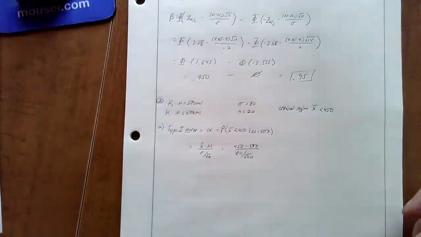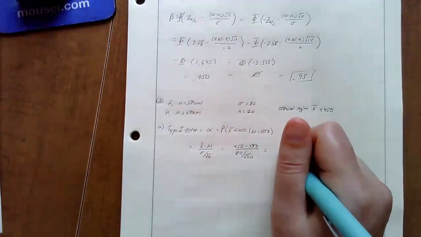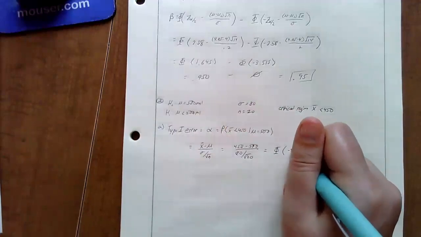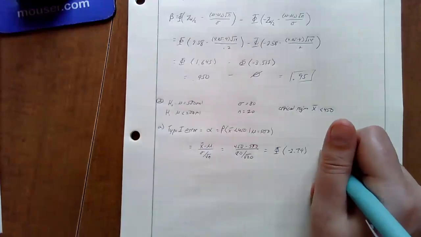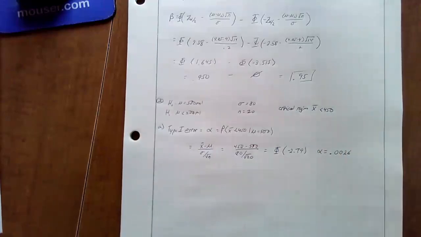That gives a z-test statistic of negative 2.79, which gives us an alpha equal to 0.0026 on the chart. So really pretty straightforward.